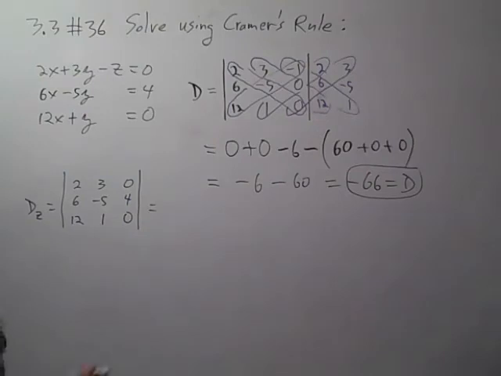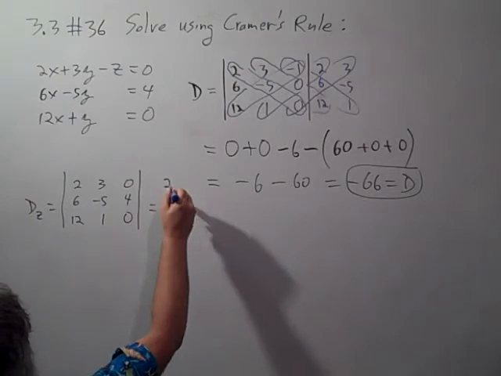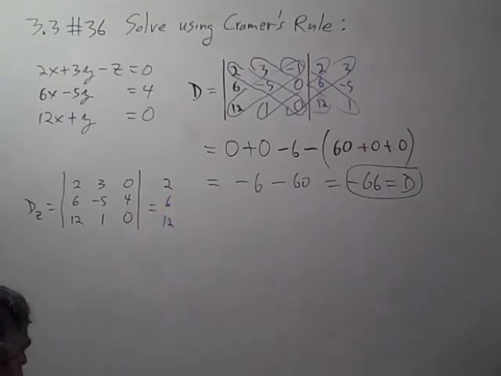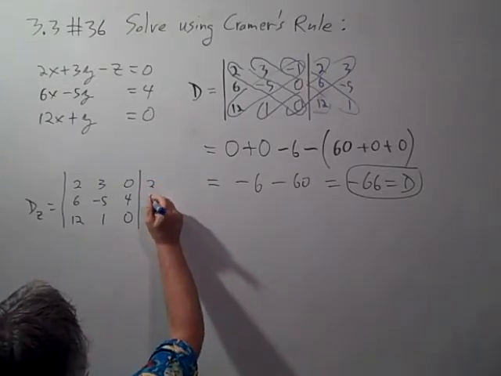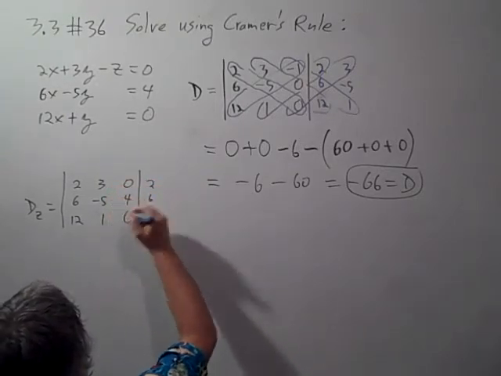So copying the first two columns, 2, 6, 12, and 3, -5, 1.